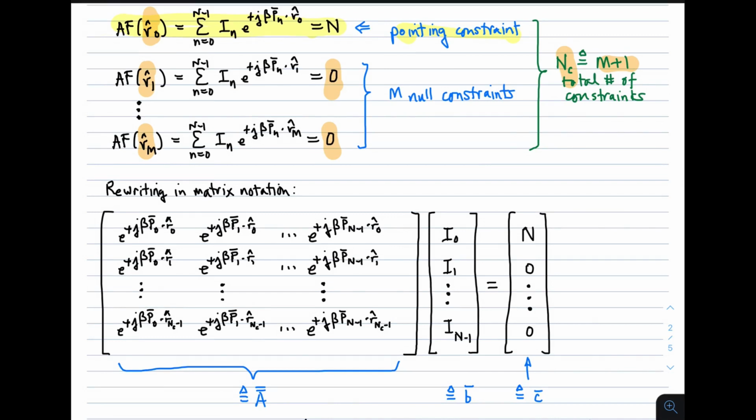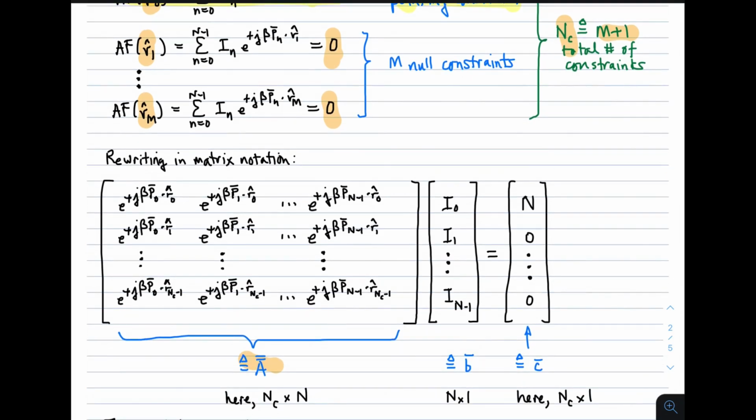So now we can rewrite this in matrix notation exactly as we did before, except now A will be a matrix. The dimensions of that matrix will be the number of rows equal to N sub c, number of constraints, and a number of columns equal to the number of elements. And the vector b remains the same, it's just the N currents.